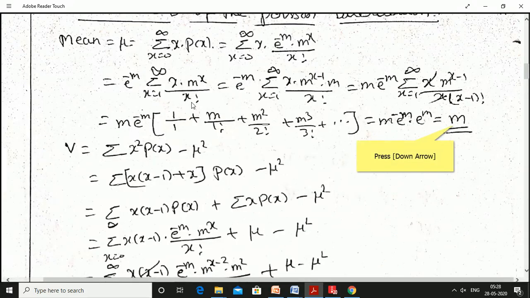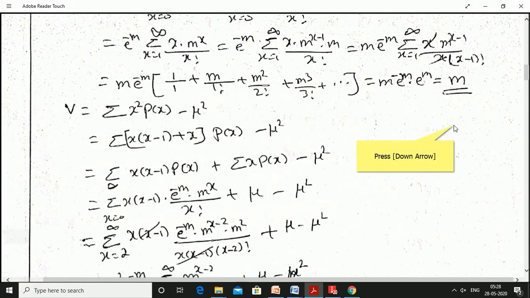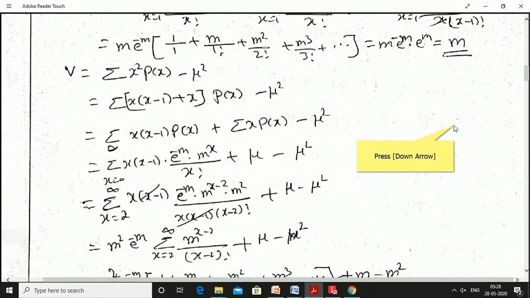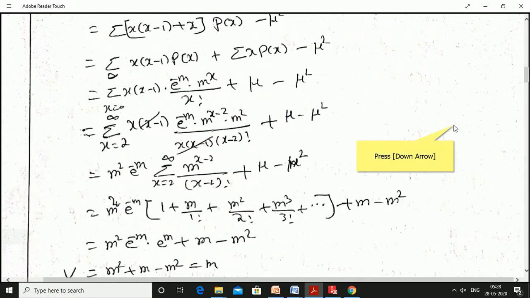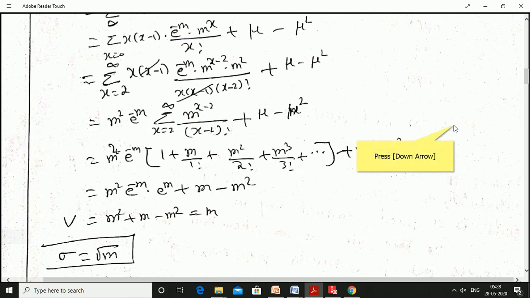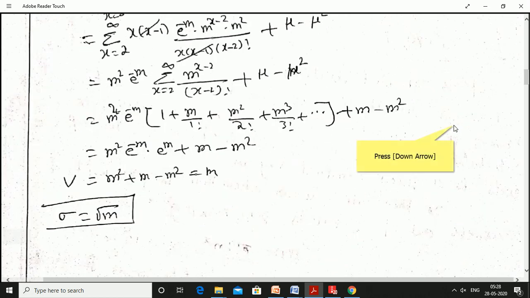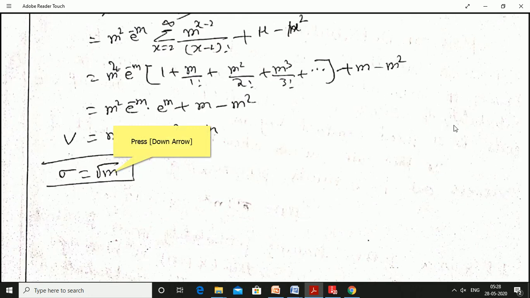Just remember the mean of the Poisson distribution is m, and variance is also equal to m. Hence standard deviation is equal to square root of m. Okay, these are the two discrete probability distributions.